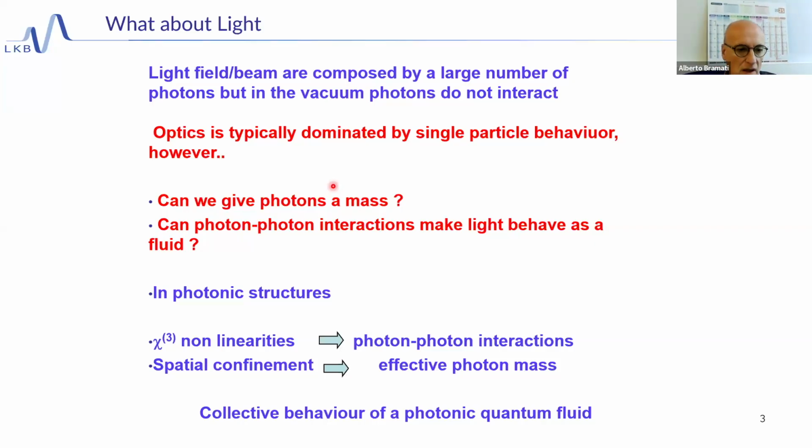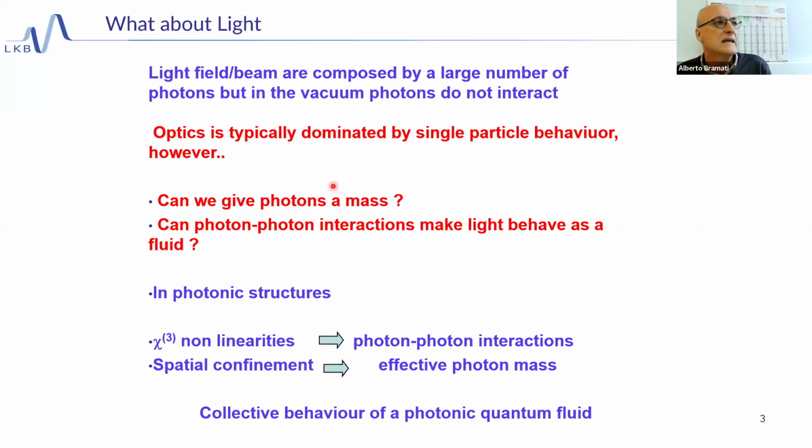For example, if you have a light beam propagating in a chi-three medium, the nonlinearity in the medium allows us to engineer an effective photon interaction, which is repulsive. This is the first point: use nonlinearity.